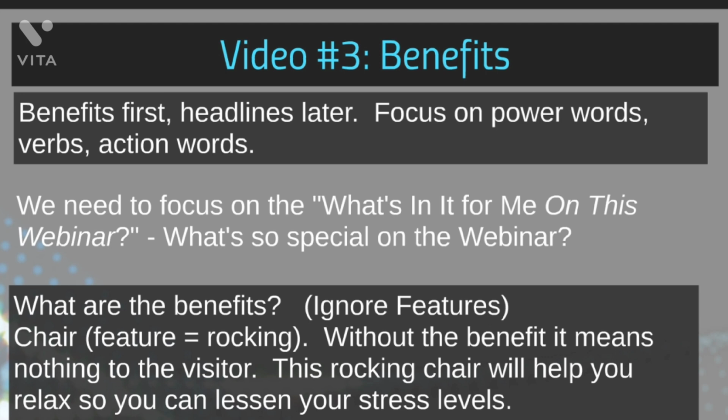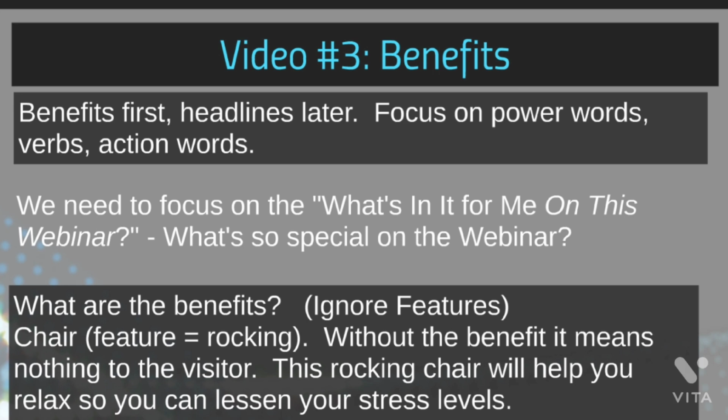Now, I'm going to give you some headlines that you can use, and you can fill in the blanks with action words, verbs and power words. The power words are things like discover, or finally, or how to. And verbs add effect and make it more powerful.